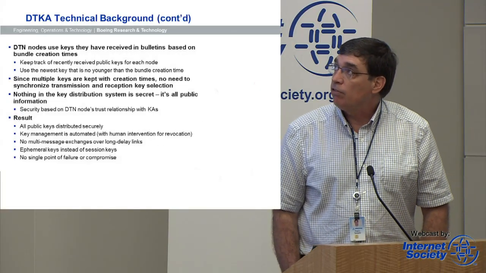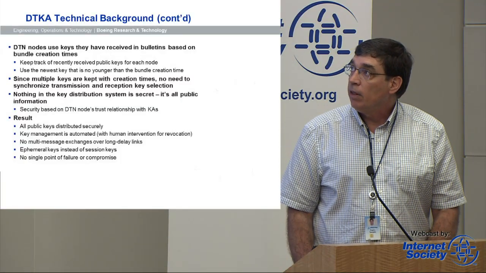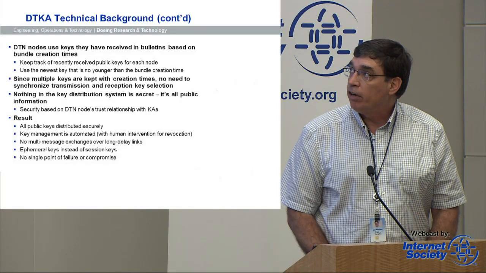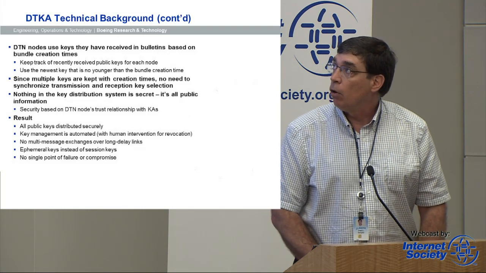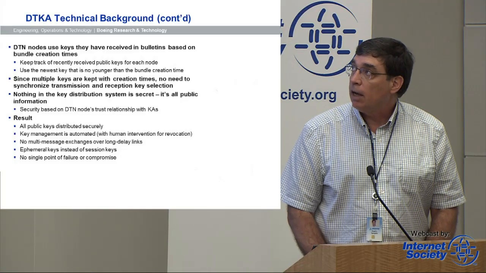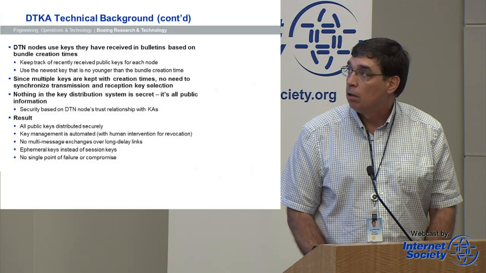Okay, DTN nodes use keys that they have received in bulletins based on bundle creation times. So they keep track of recently received keys for each node that they need to accept data from, and use the newest key that is no younger than the bulletin creation time. Since multiple keys are kept with creation times, there is no need to synchronize transmission and reception key selection.